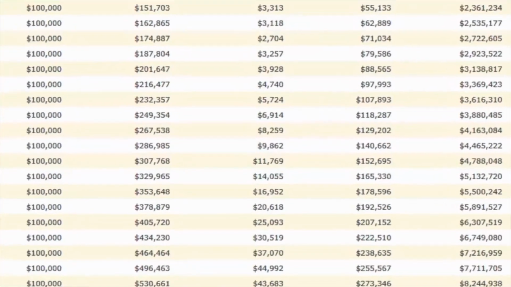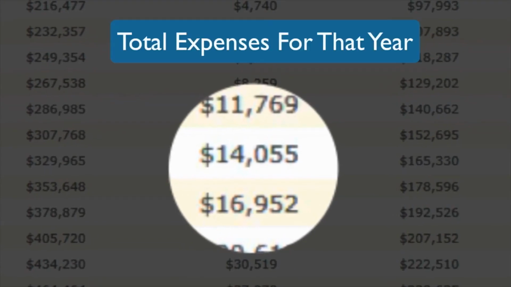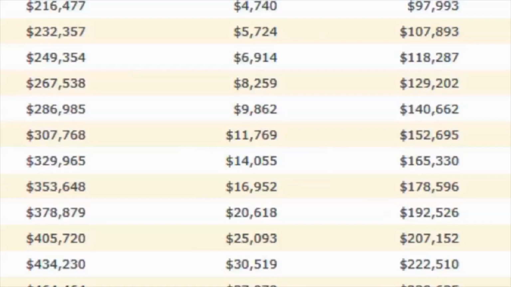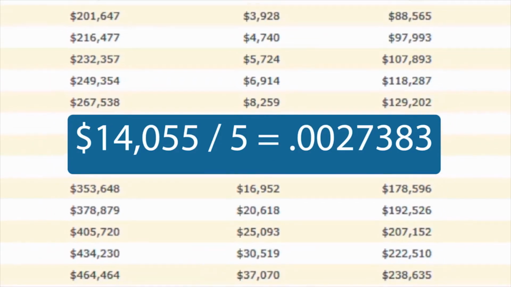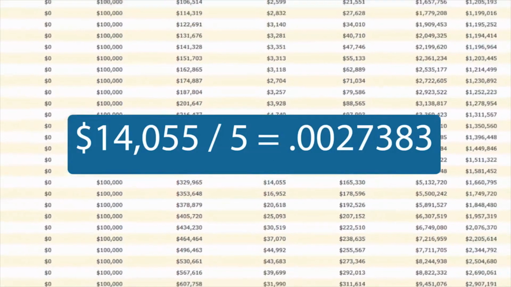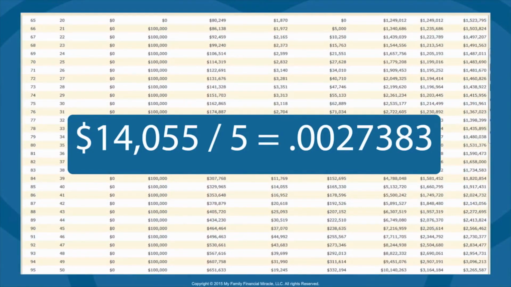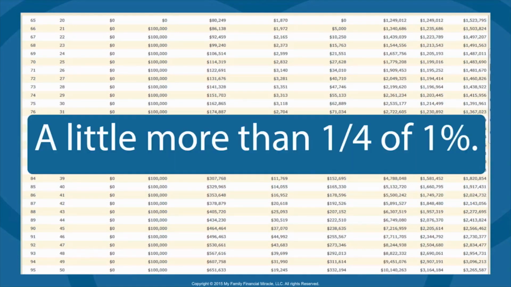Notice that our expenses during year 40 are $14,055. Now that may sound like a lot of money, but let's talk about what I'm getting for $14,000 that year. First of all, $14,055 divided by $5 million equals 0.00278. That is 0.273% or a little more than 1/4%.